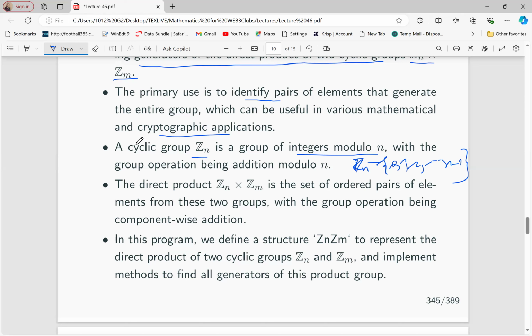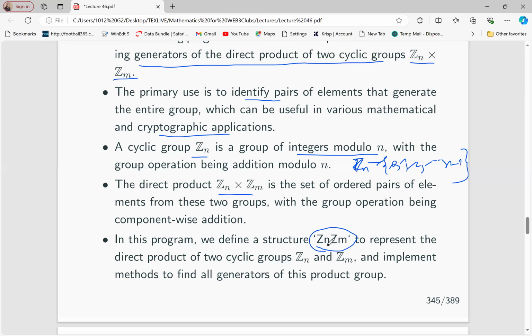So you have this direct product whose generators we want. In this program, I've defined this structure, Zn, Zm. Zn represents this group, and Zm represents this group.